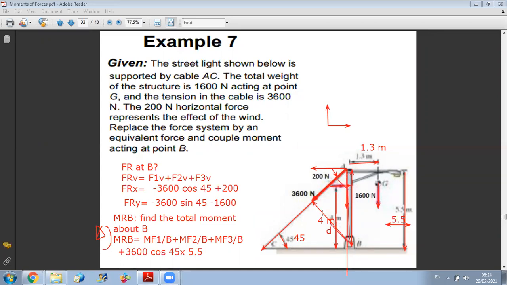So this perpendicular distance is 5.5 cosine 45 or sine 45. Then once I find the distance, I multiply it by 3600. So I get back to the same result, which is 3600 times 5.5 cosine or sine 45. Here it's the same.